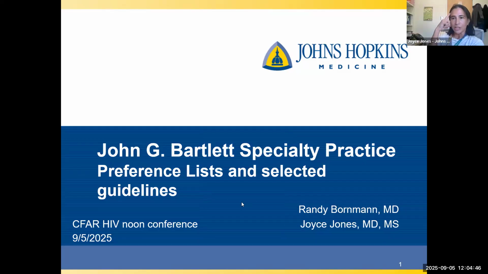So thanks so much, Eileen and Laura, for this opportunity for Randy and me to present on the Bartlett preference lists. And then we're going to go through a few HIV care related guidelines as well.